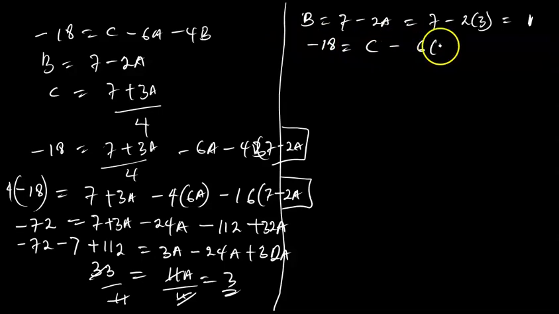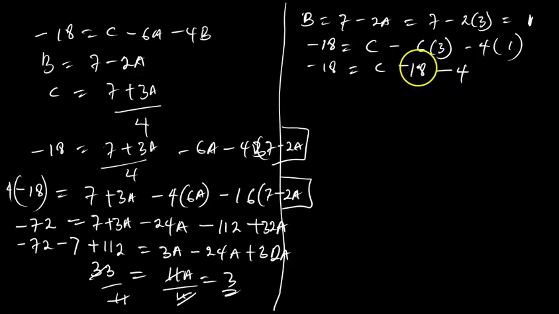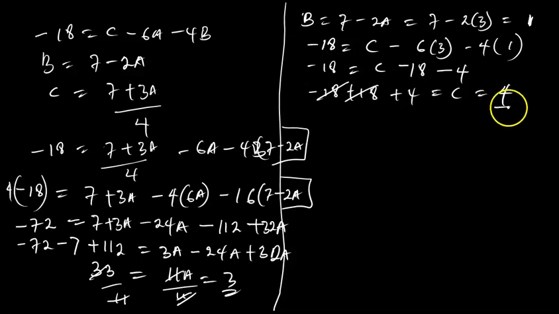Our a is 3, and then minus 4 into b. Our b is 1. So that's minus 18 is equal to c minus 18 minus 4. So let's collect like terms. I have minus 18. The other minus 18 becomes plus 18. Minus 4 goes to this side, becomes plus 4, equal to c. Obviously, minus 18 plus 18 gives way, and c is equal to 4.